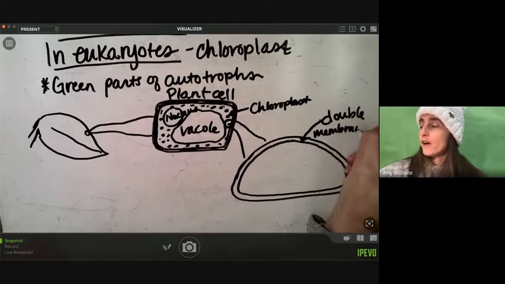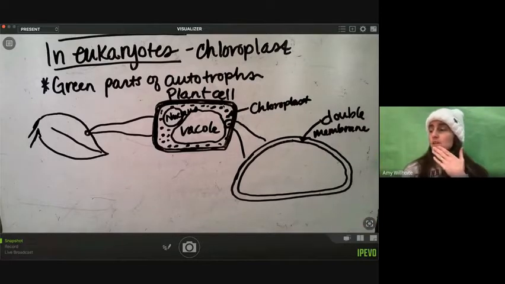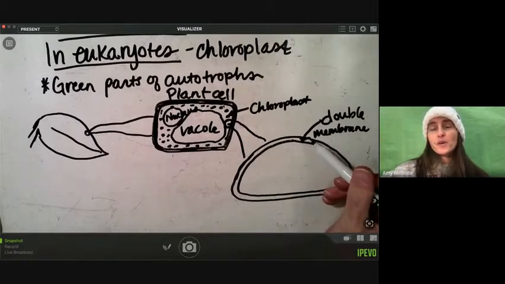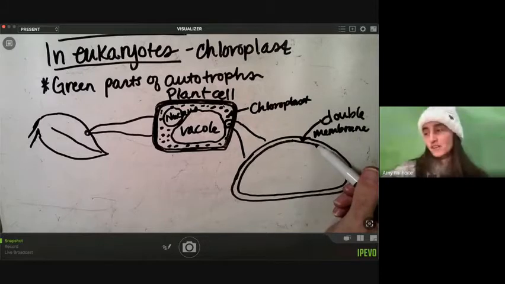Now I have something to tell you that's kind of weird. One of your quiz questions has a really strange answer, and I don't like it. So I'm just going to tell you what that question is, and I'm going to tell you what you should answer because it doesn't make any sense with chloroplasts. It asks why a double membrane is beneficial for us, and it says something like so they can build up a proton gradient. And we'll talk about protons and gradients here in a second, and I'll revisit this, but that's not true.